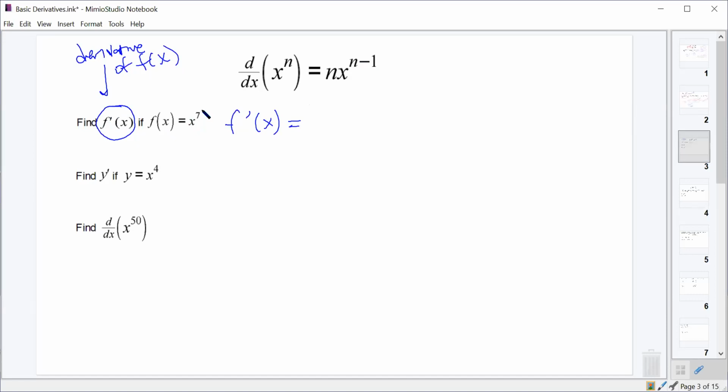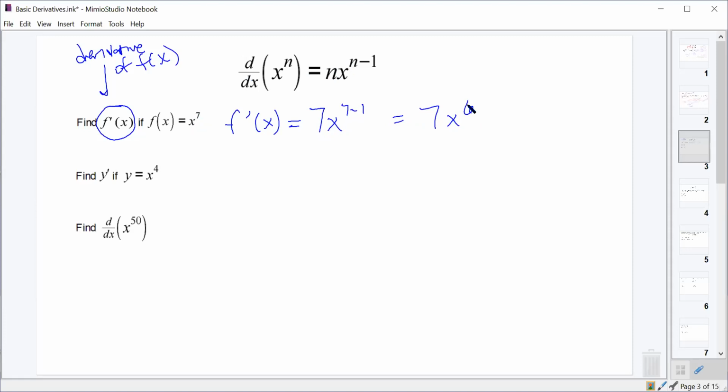I have x to the n, so the derivative should be n, 7, x to the n minus 1, or 7x to the 6th. That's it. That's the derivative of x to the 7th power. Easy enough? Any questions on that?